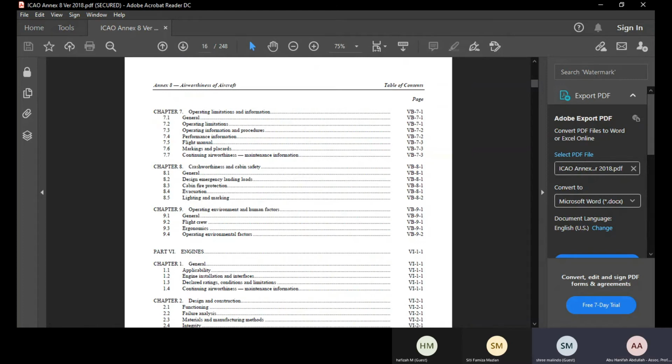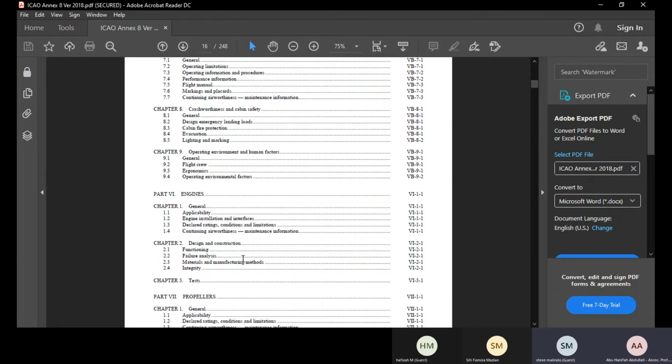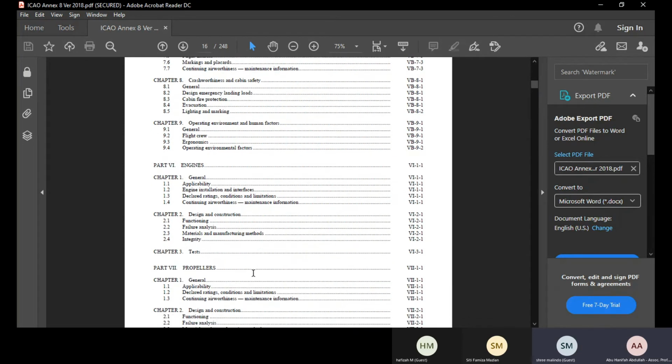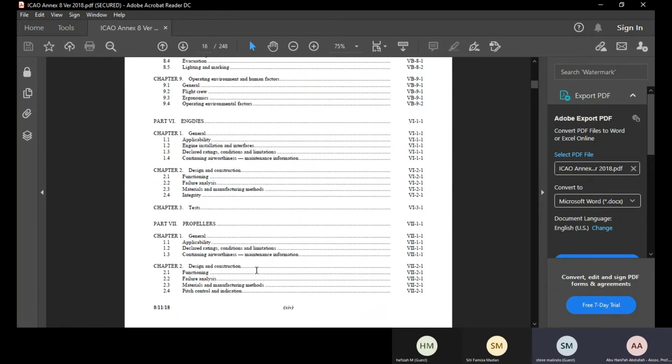Part 6 is engine. Okay. So you want to look for engine design requirement at higher level. This is the highest level. Highest level does not mean they are everything here. This highest level is the fundamental basic. And then part 7, propellers. And that's it. So we go up to part 7.